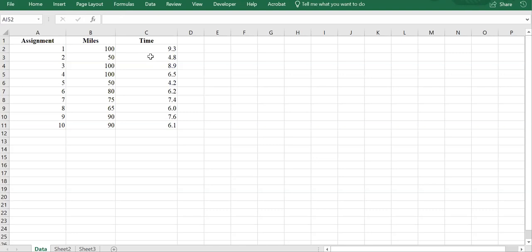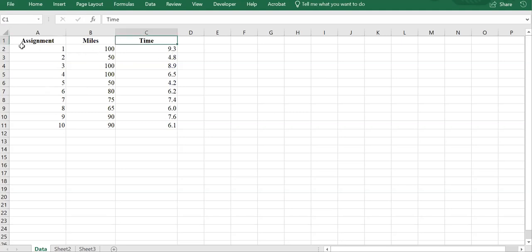It's very important for the company to have a prediction of the time that it takes in order to be able to control the driver, right? So the number of assignment doesn't really matter. That's just the order. We want to predict the time.